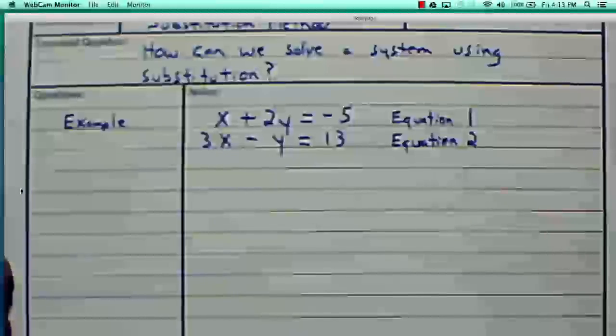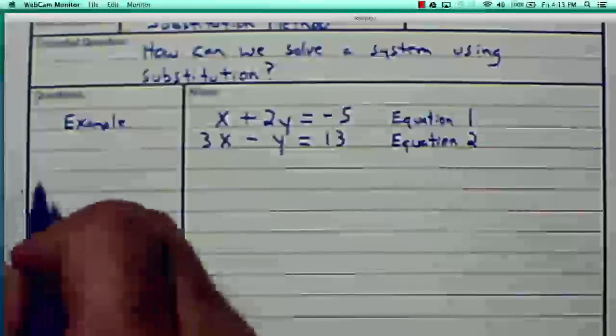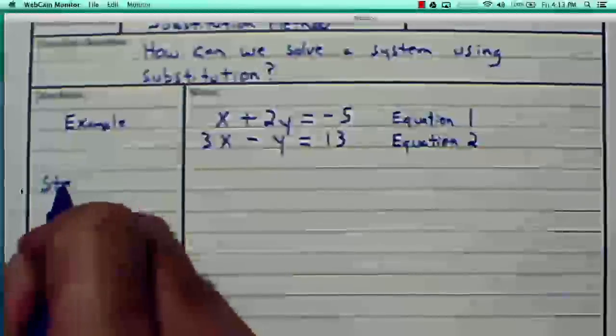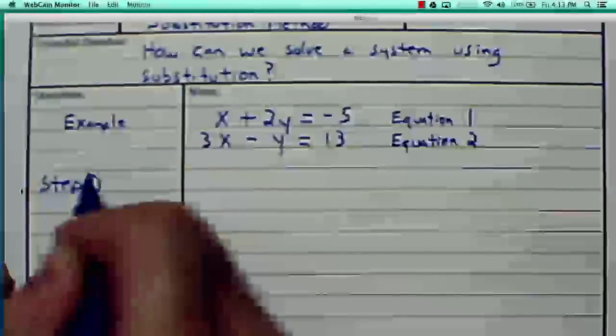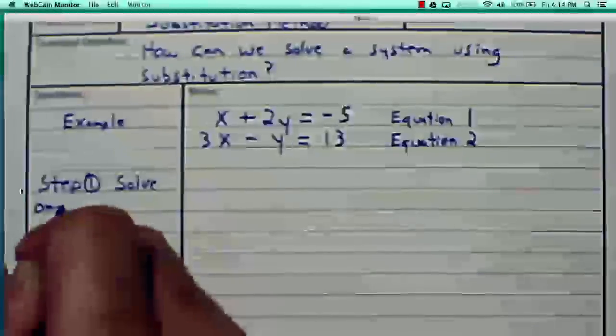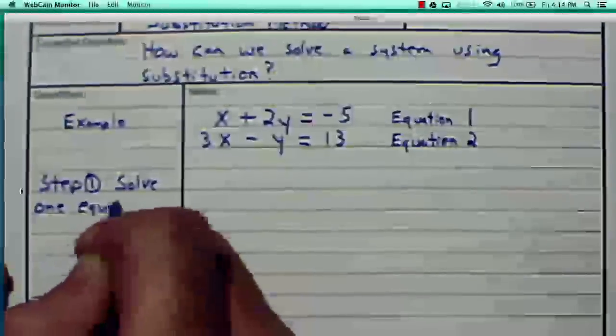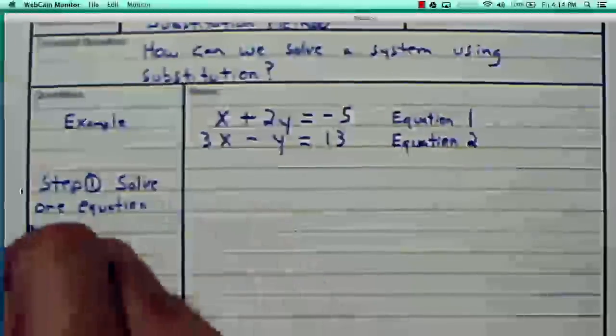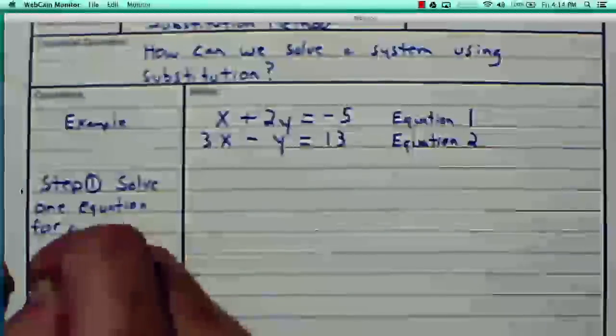Alright, using the substitution method, we will start step 1. Solve one equation for one variable.